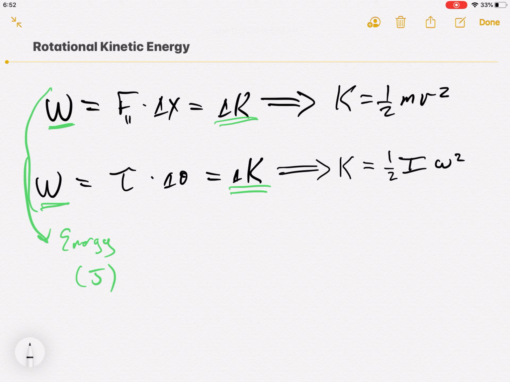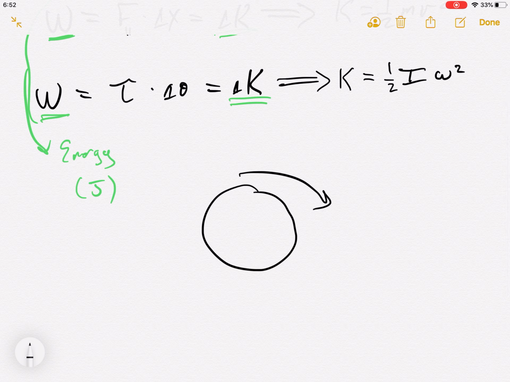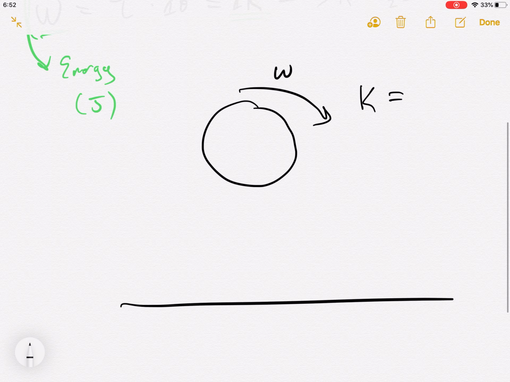So now what this means is if I have something that's rotating, at some speed omega, I can now calculate its kinetic energy. If I have something that's rolling, this is interesting, right?